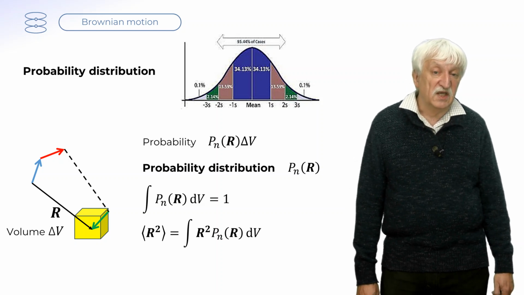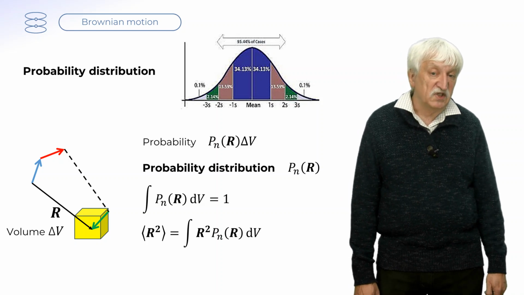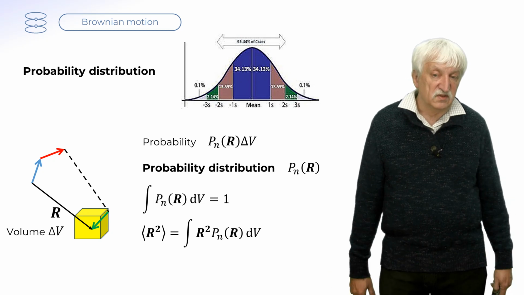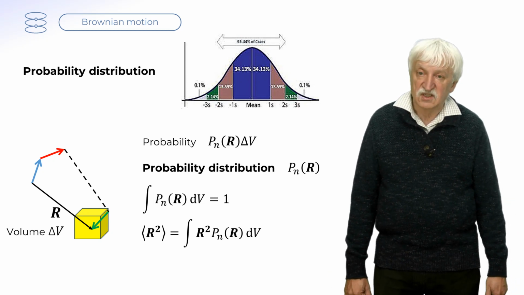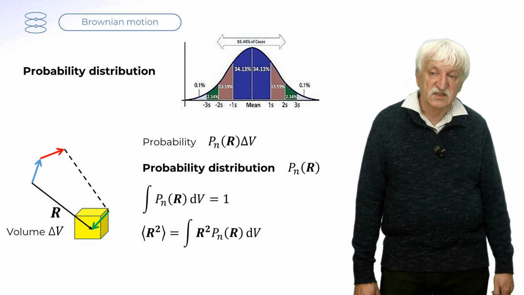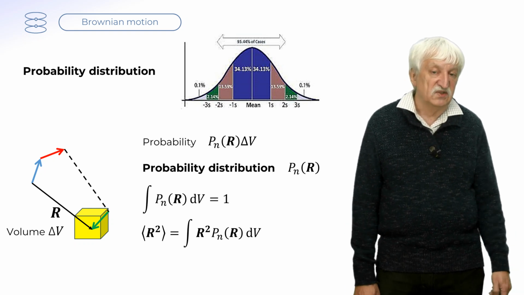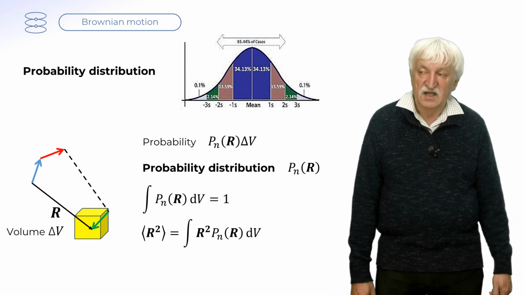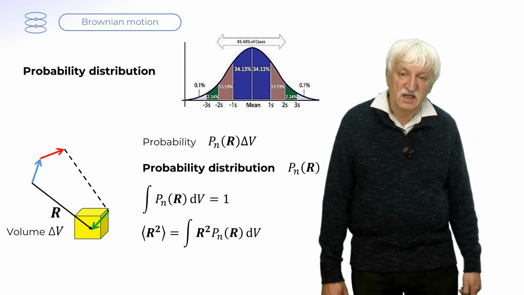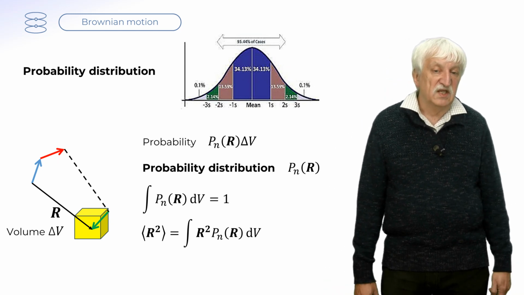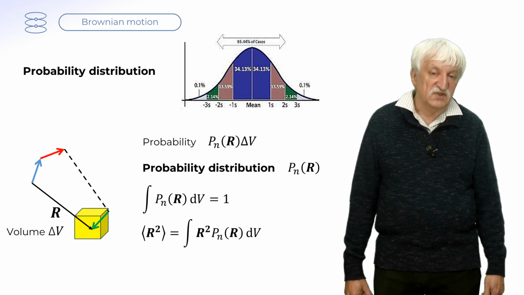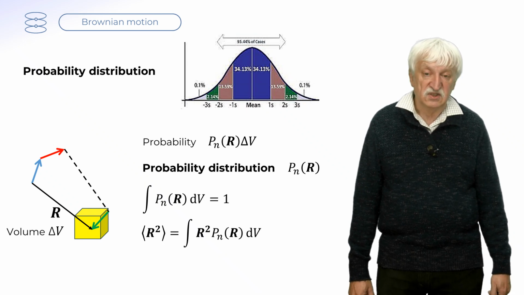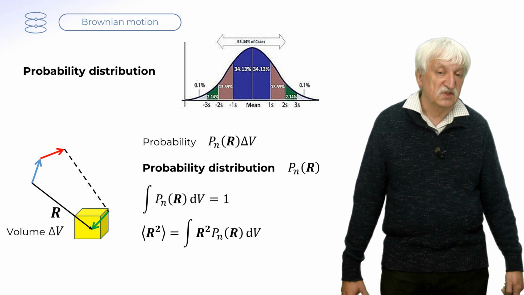And this Pn of R is called a probability distribution. Obviously, since the total probability of all events, that is, that the random walk ends at any point, is 1, the integral of Pn of R times dV is 1. And the average squared distance between the ends can be calculated from this probability as the integral of Pn times R squared, and in the previous slide we were just talking about this value.